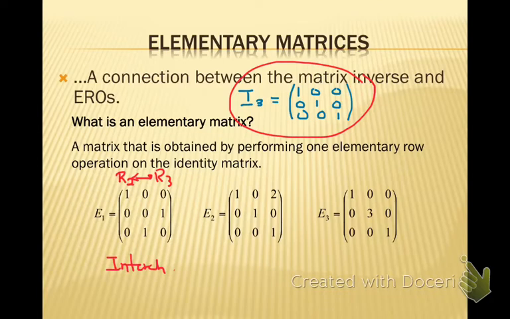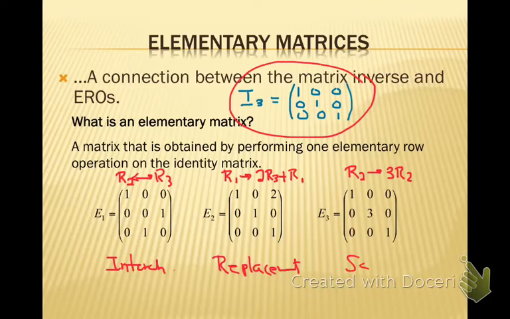To get E2 from the identity, we take row 1 and replace it with 2 times row 3 plus row 1. So again, E2 represents a row replacement. And lastly, E3 is a row scaling, because we've taken row 2 and multiplied it by 3, so this represents a row scaling.